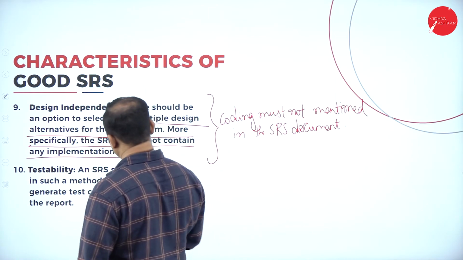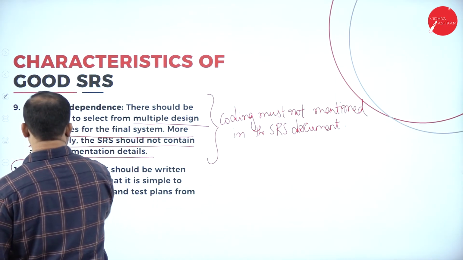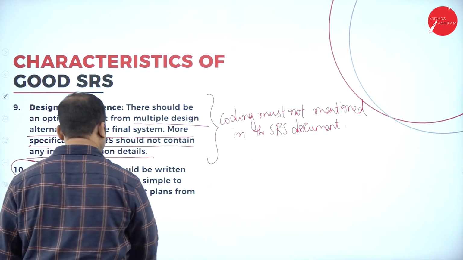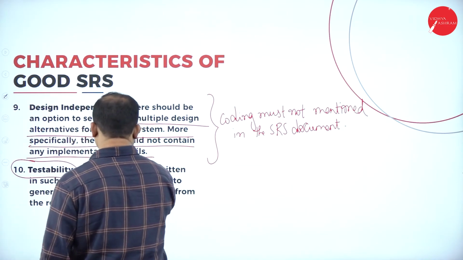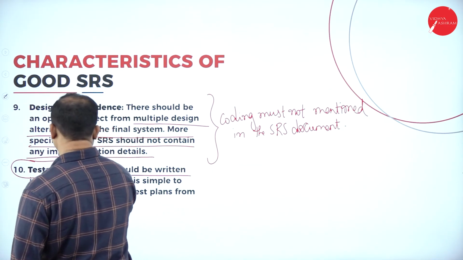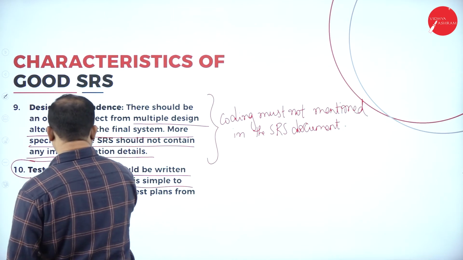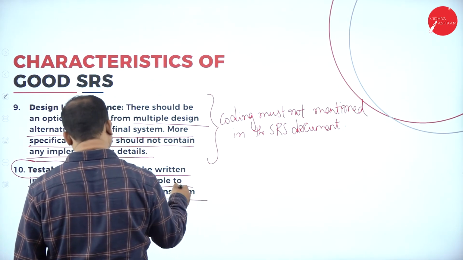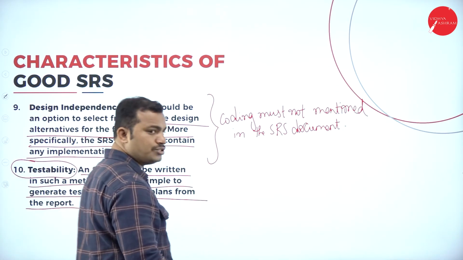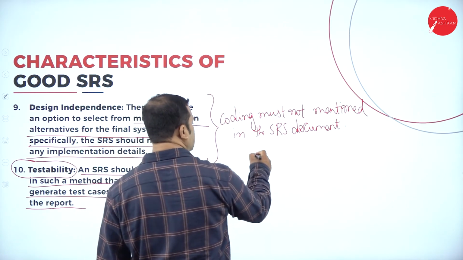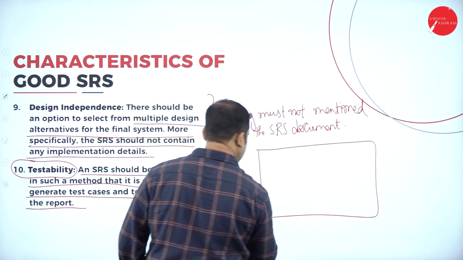Then what about testability? Testability is done by the testing team as well as the development team. So an SRS should be written in such a manner that it is simple to generate the test cases and test plans from the report. Usually you may have seen that the test report consists of test cases.